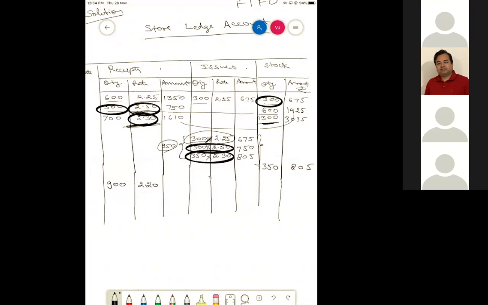Yes, Swasti Jain, you tell me what would be the amount? 900 into 2.20. Swasti, are you there? So it's 1980. Yes, 1980. The amount would be 1980.